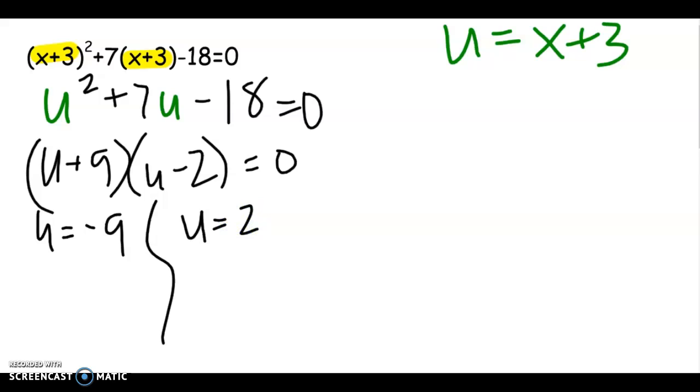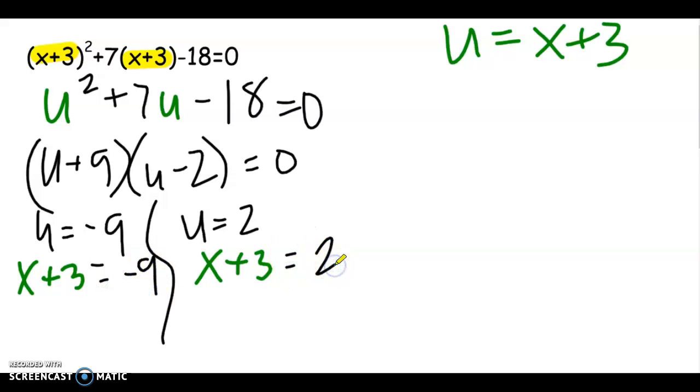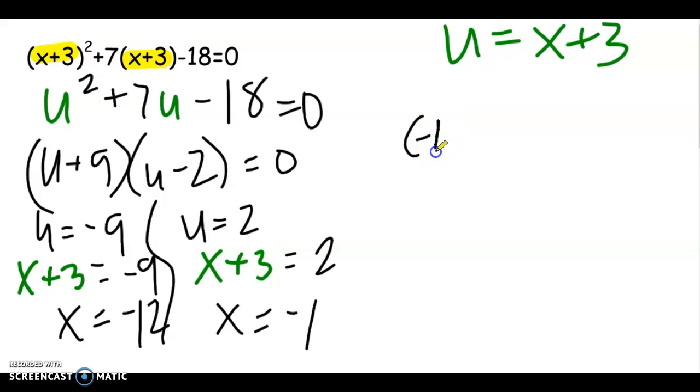So now I just substitute back in x plus 3 equals negative 9, equals 2. All right, so over here x equals negative 12 and x equals negative 1. So plug those back in to make sure that they work. So if I do negative 12 plus 3, that's negative 9.